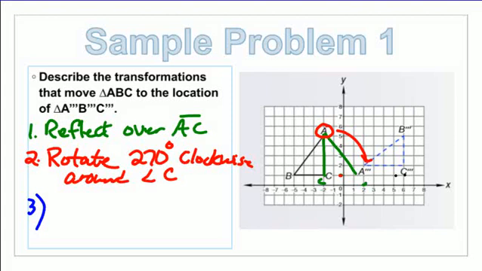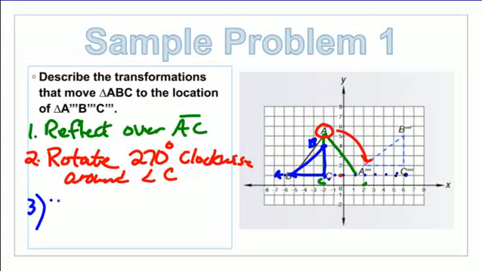So after all of our rotations, this would be our A. This would be our B. Now we have to get this C to be next to this C, so it's going to go over 1, 2, 3, 4, 5, 6, 7, 8.